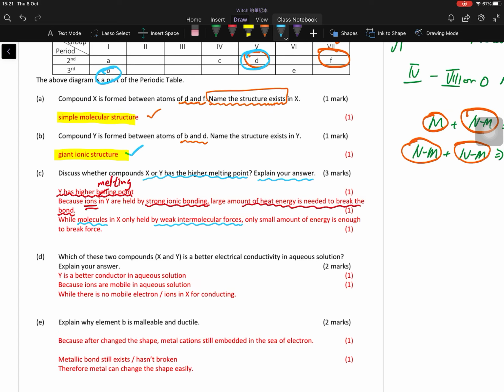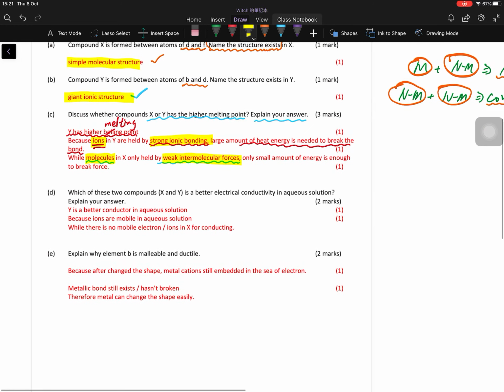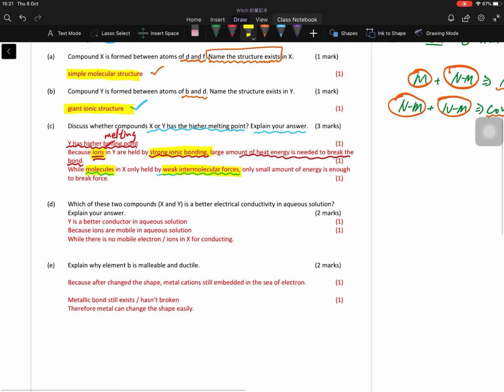Here you should pay attention because Y is an ionic compound, so inside the components should be ions, while X belongs to simple molecular structure, so the basic unit for X is the molecule, so don't mix them up. And don't forget, as a comparative question, you should tell me something about both sides.